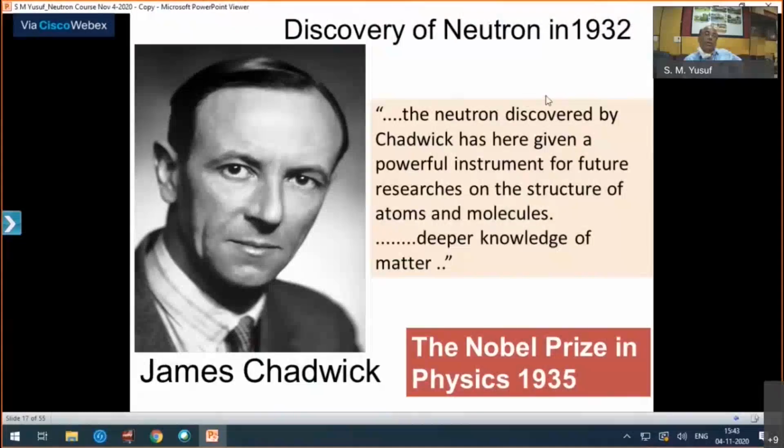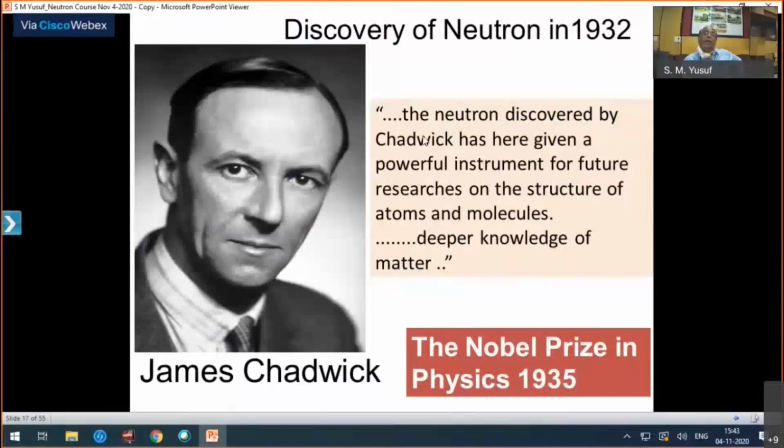Due to this discovery of the neutron, in just three years' time, Chadwick got the Nobel Prize. In that time, the neutron was just discovered and was not used for any applications, but the Nobel citation says this.